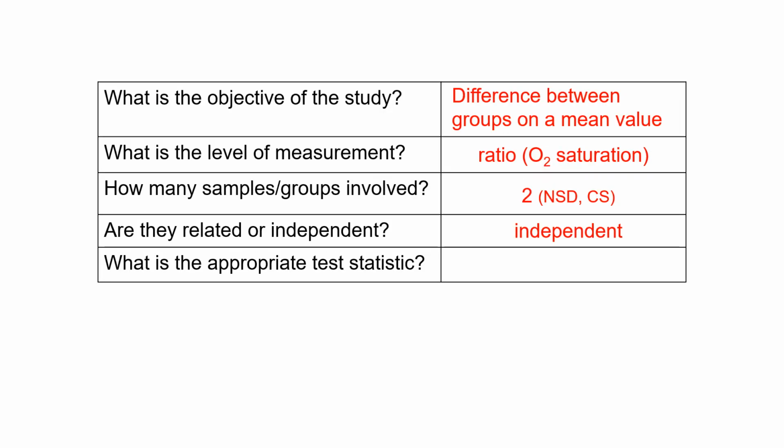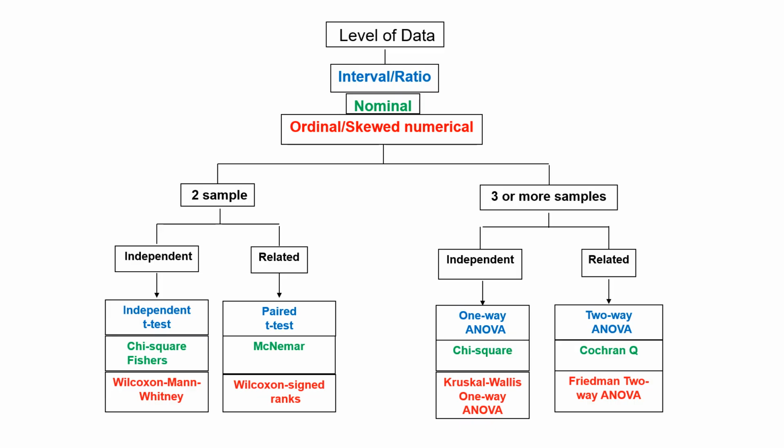So given these factors, what is the appropriate statistical test? The appropriate statistical test to determine difference in oxygen saturation between NSD and cesarean section is the independent t-test.